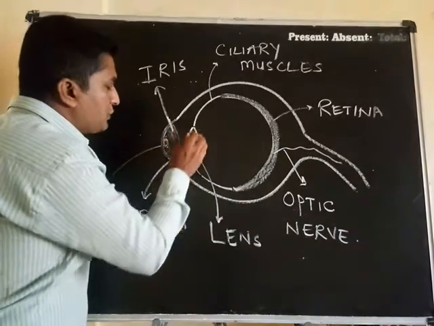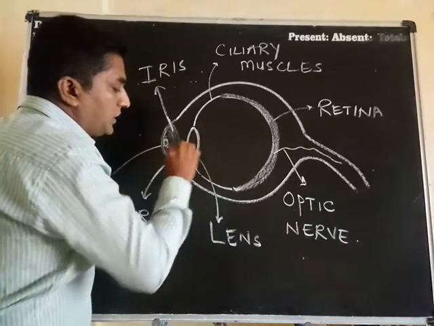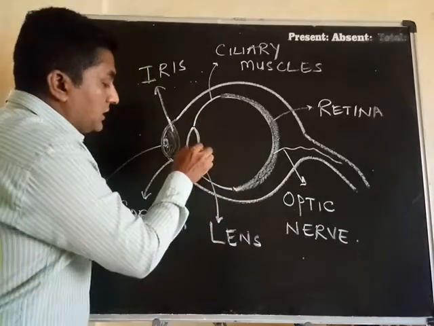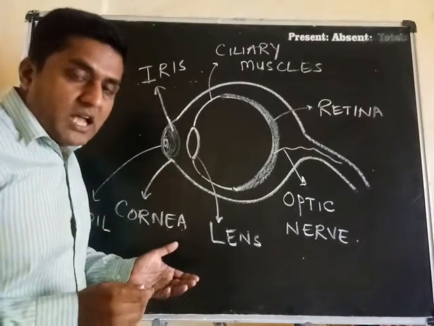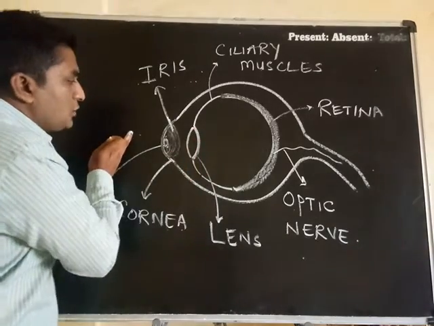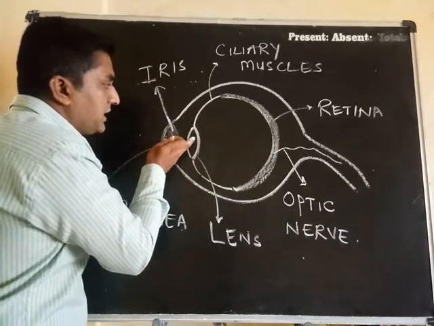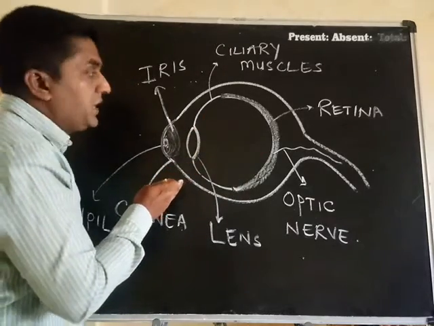Exactly behind this pupil, the most important part of our eyes is nothing but the lens. This lens is a crystalline lens, and it is transparent. Transparent means the rays of light can go till here and they can refract and fall upon the retina for the formation of image.